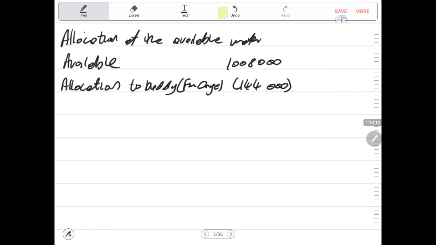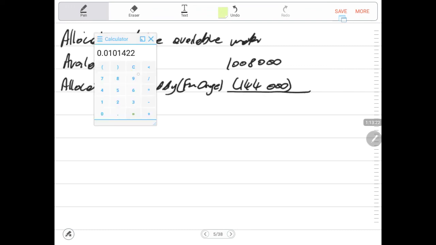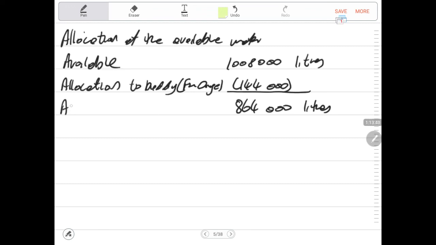Then the remainder will be for the other product. 1,008,000 minus 144,000 means we have 864,000 liters available. These are the liters allocated to another body, but under fizzy cola.